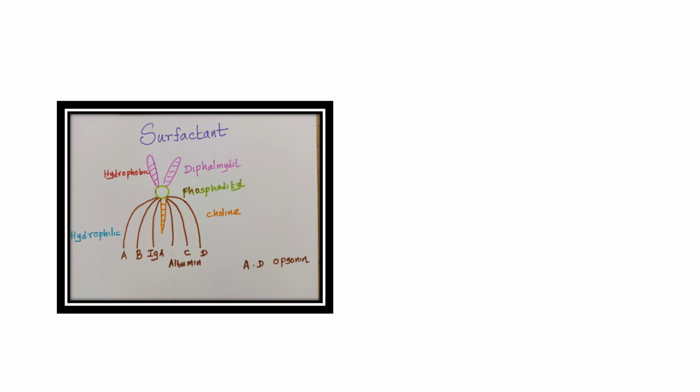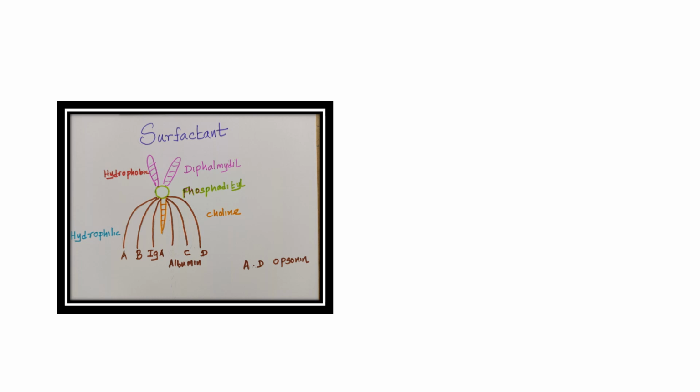It also contains apoproteins like SP-A, B, C, and D. A and D act as opsonins and protect the immunity, along with immunoglobulin and albumin, so it also gives immunity. These portions are the hydrophilic region.